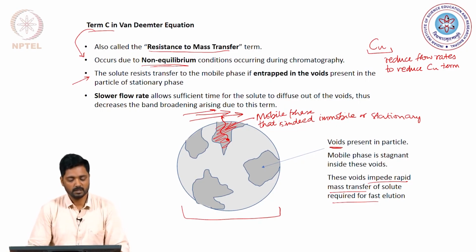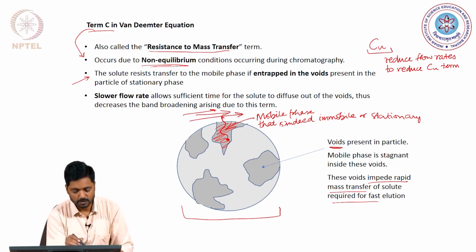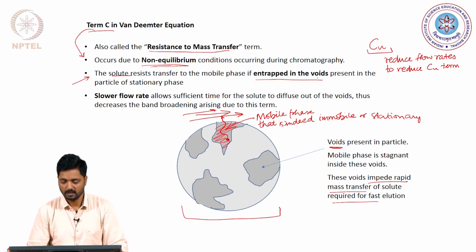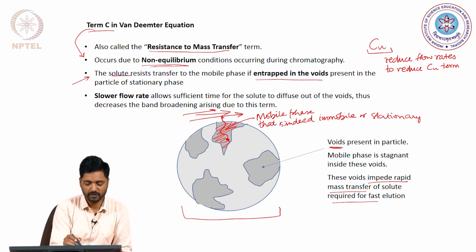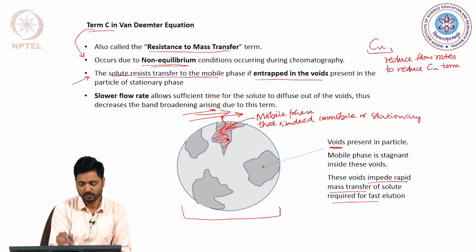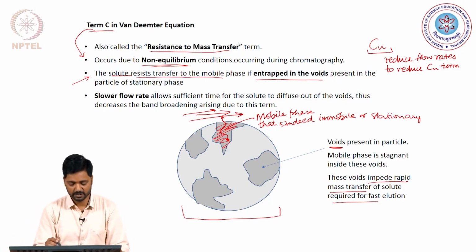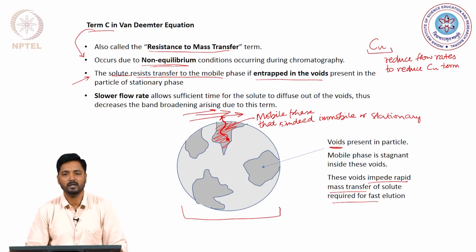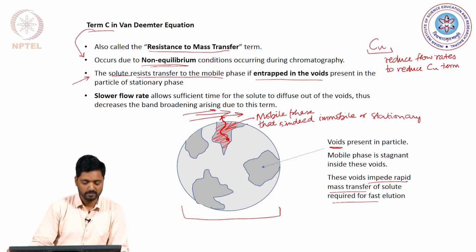So, this solute which is entrapped in the voids present in the particles of the stationary phase resists transfer to the mobile phase which is flowing freely outside the particle. So, this is again indicated here. This particle will take much longer to come out of these voids and get transferred into the flowing mobile phase.